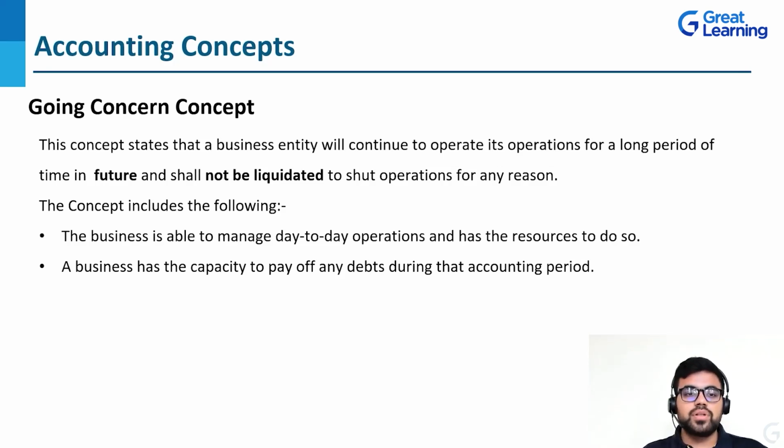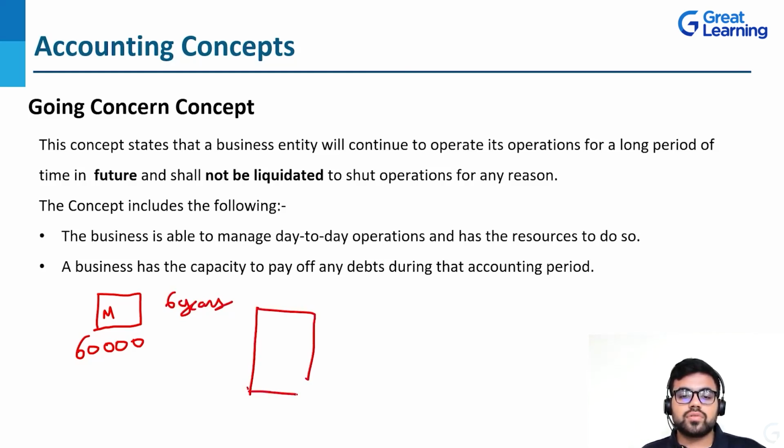Let's take an example. So if the company, let's say, buys expensive machinery of 60,000 rupees, and it assumes that the lifetime of that machinery is 6 years.